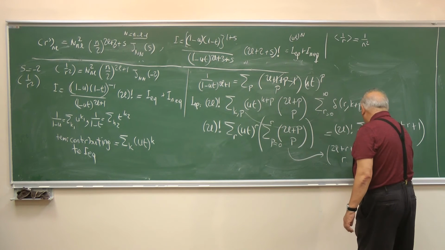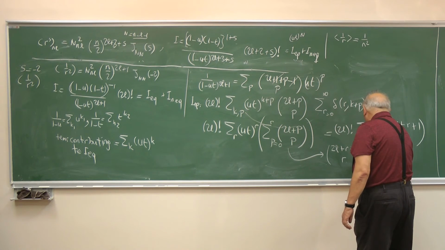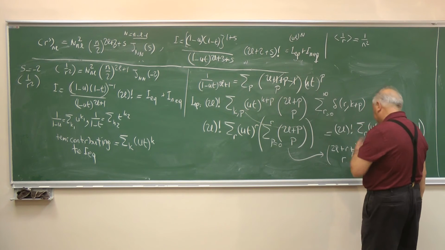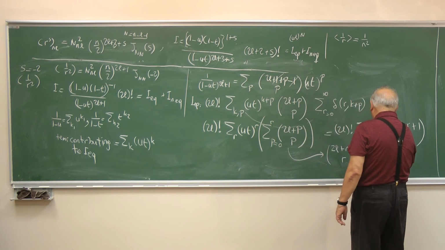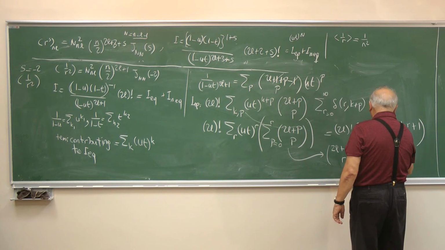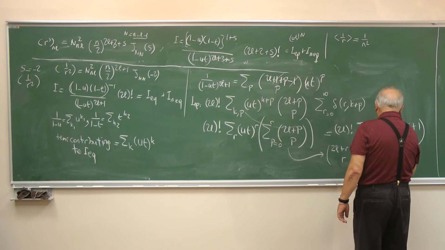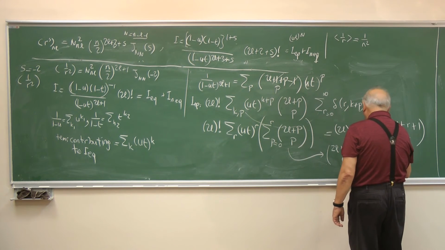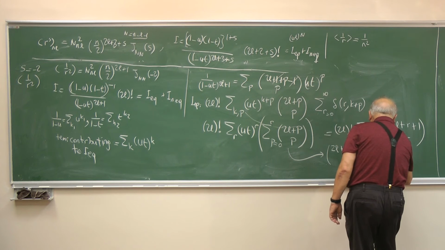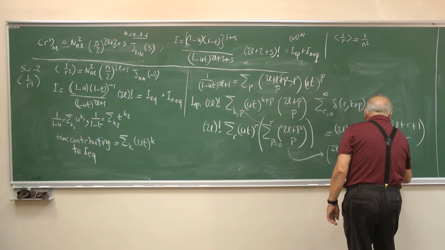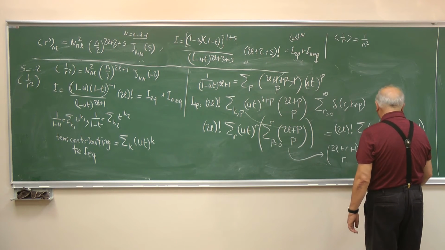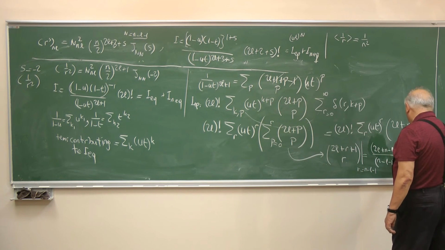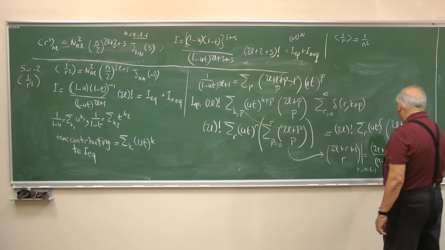So let us look at it at r equals n minus l minus 1. So it is 2l plus n minus l minus 1 plus 1 divided by n minus l minus 1 factorial. So what is this? One's cancelled. This is n plus l.